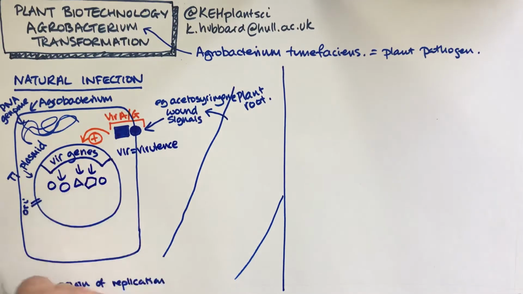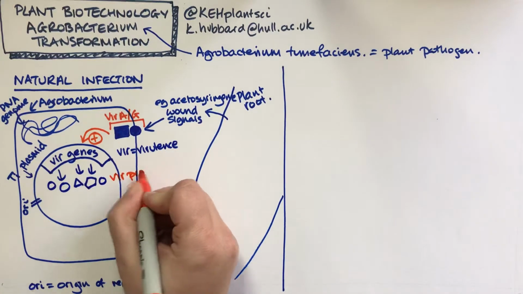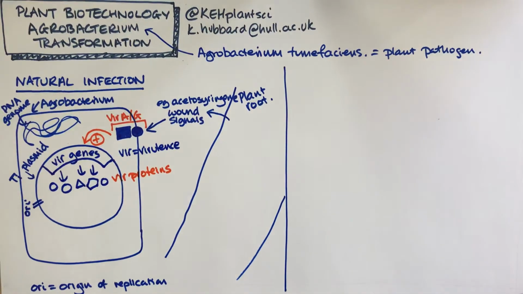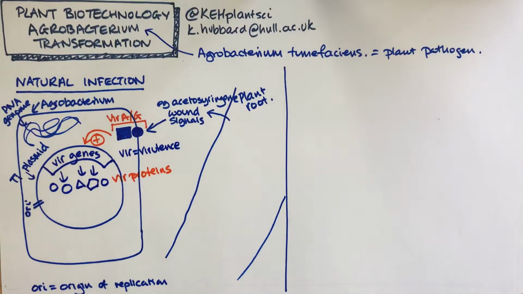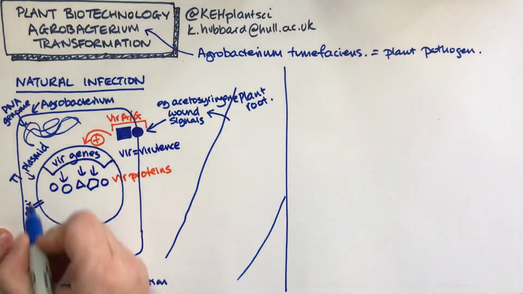You've got a variety of different Vir proteins, and these have a variety of different functions, which are all to do with a particular piece of DNA that's on the other side of the plasmid.